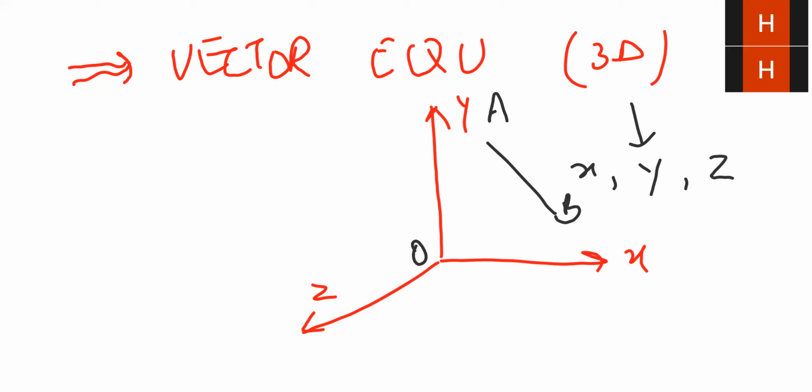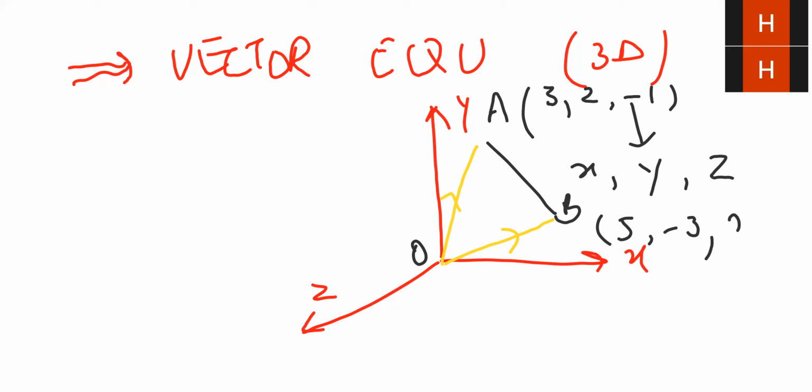To find out the vector AB, I know that we have to go from OA and OB to find AB. However, in this one, my OA and OB have three coordinates, which means they'll have a z coordinate as well. For example, my A has coordinates 3, 2, and -1, and my B has coordinates 5, -3, and 8.